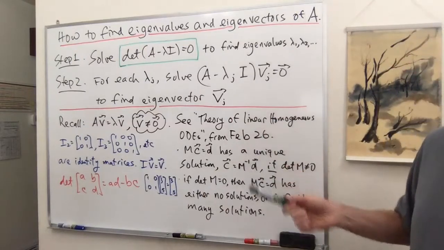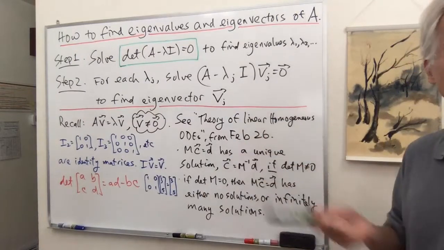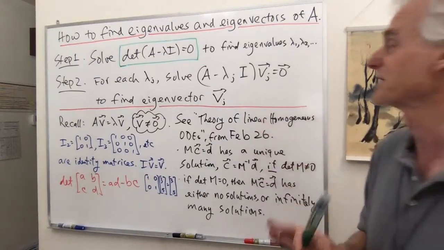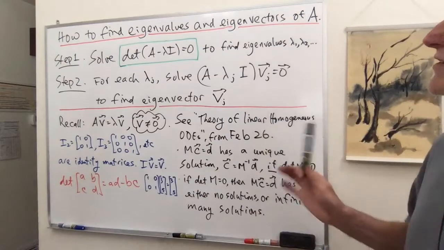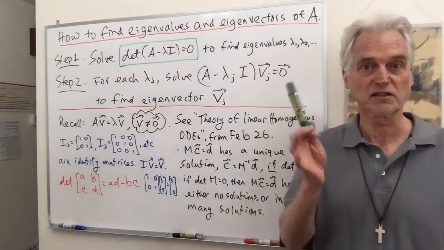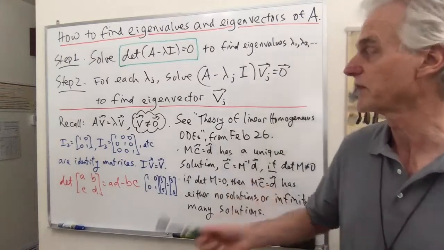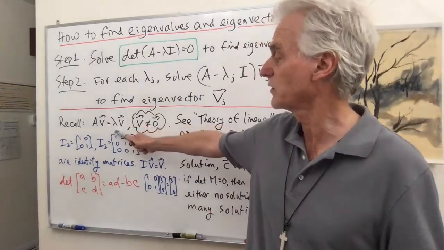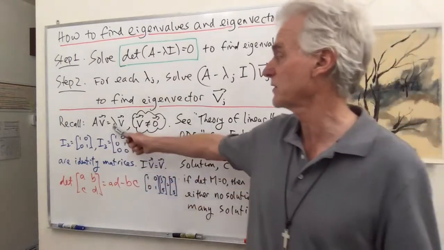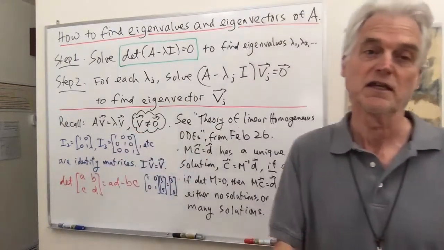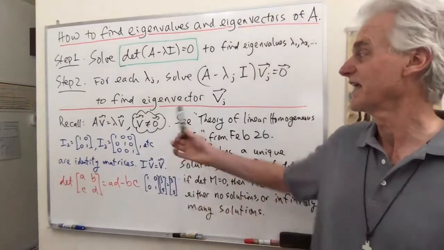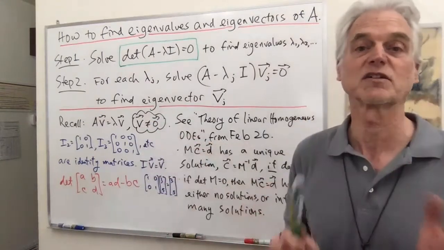I have a few things I want to go through kind of quickly so this lecture doesn't take an hour. First thing is our defining equation for eigenvalues and eigenvectors. I talked about this previously. AV equals lambda V is the defining condition for an eigenvalue lambda and eigenvector V. And one thing that's really important that I forgot to say yesterday is that V cannot be the zero vector.